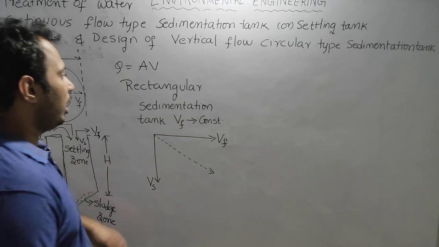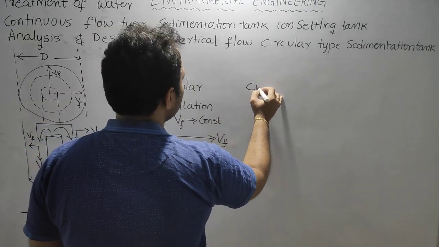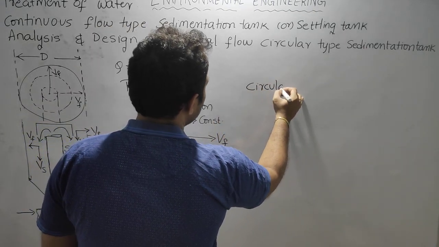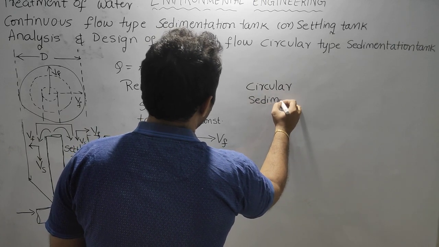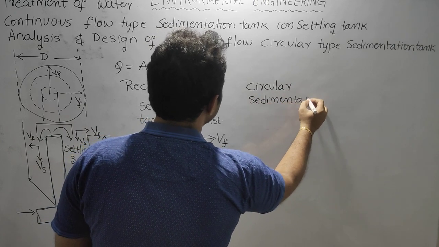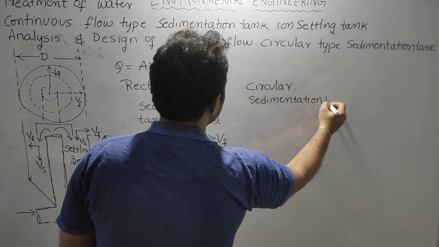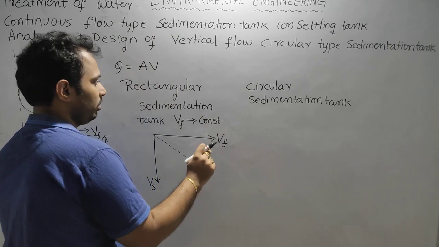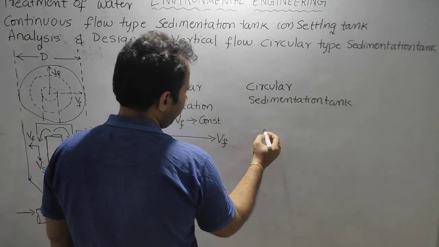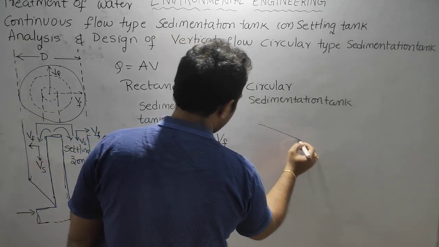But in circular sedimentation tank, this Vf is not constant, it is varying. So the Vf in circular sedimentation tank is a decreasing value.